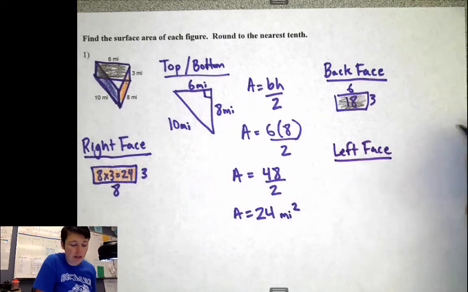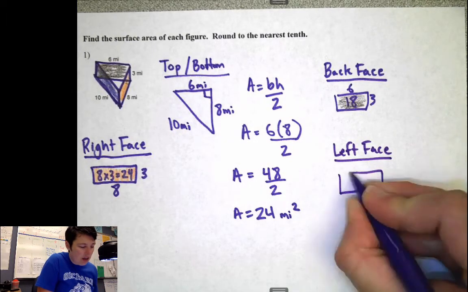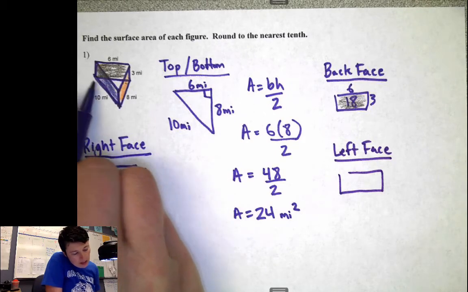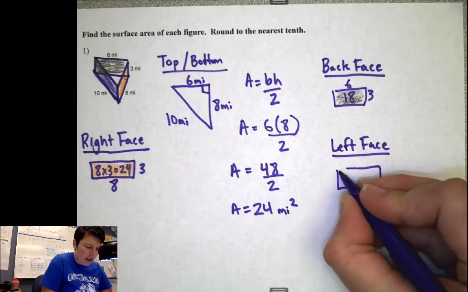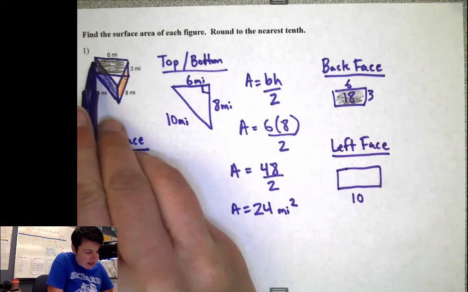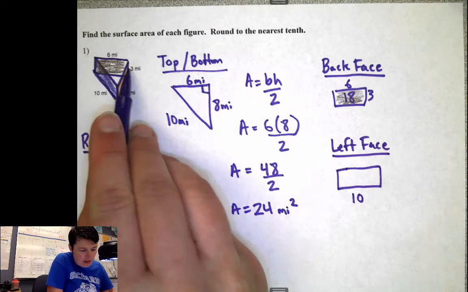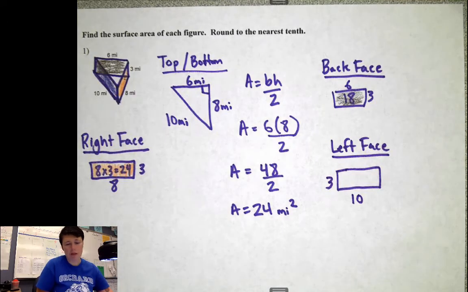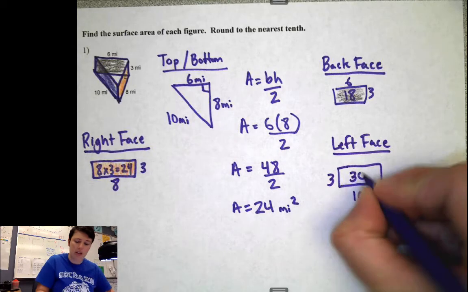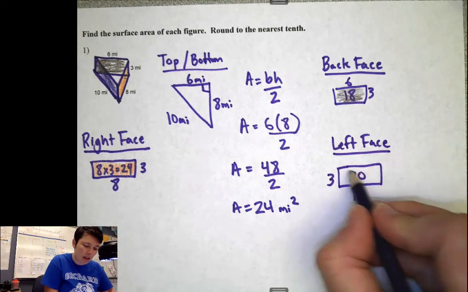Again, it's a rectangular shape, looks like this. Dimension-wise, it looks like it's 10 long, so 10 miles long. And if you look carefully at it, this has got to be the same as here, so it's got to be 3 miles tall. So it's a 10 by 3, which is an area of 30. And I'll shade this in to match the color.